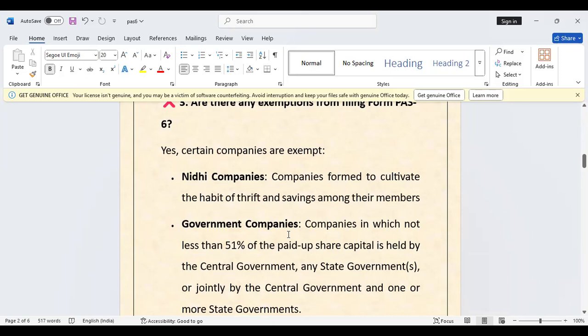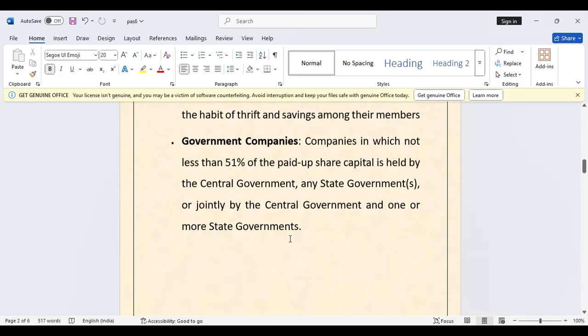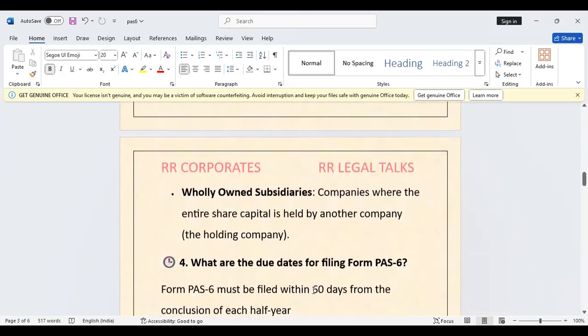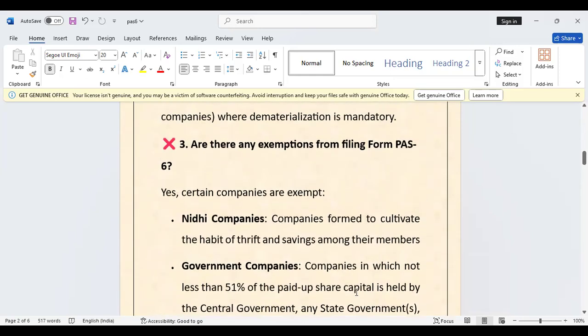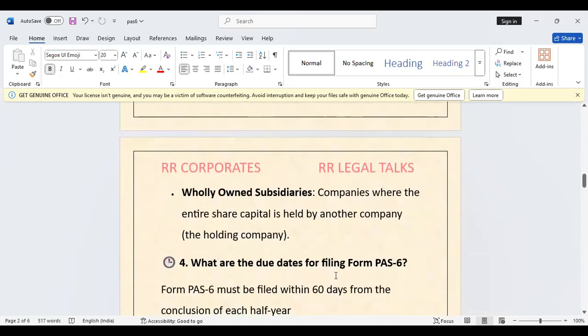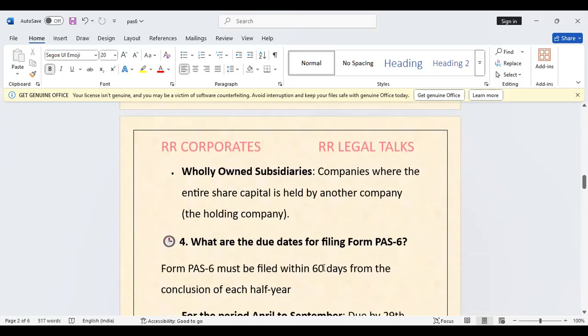And also a wholly owned subsidiary, where the entire share capital is held by another company, called the holding company. This is under Rule 9A. After Rule 9B, even private companies that are small companies are exempted.